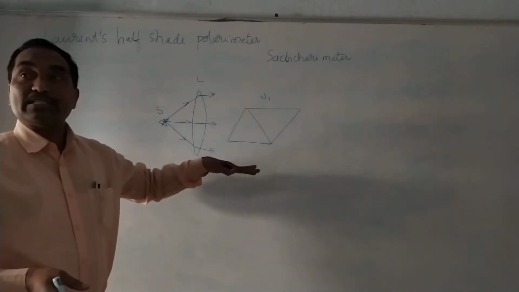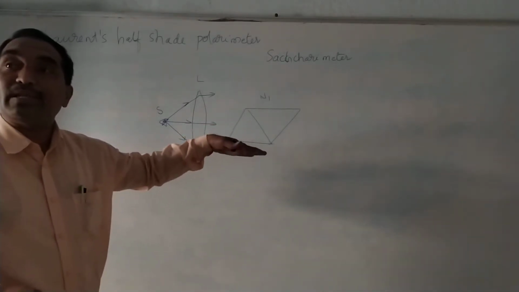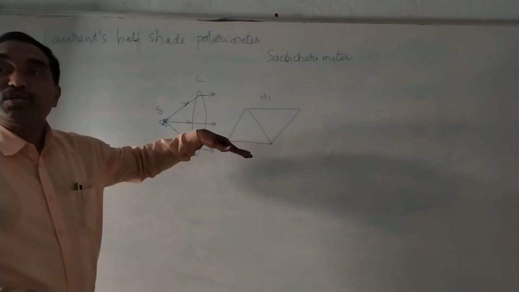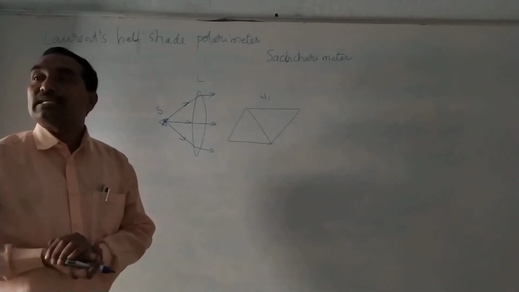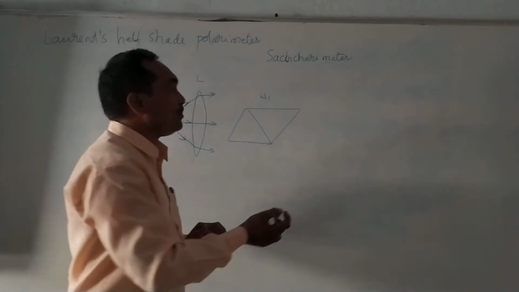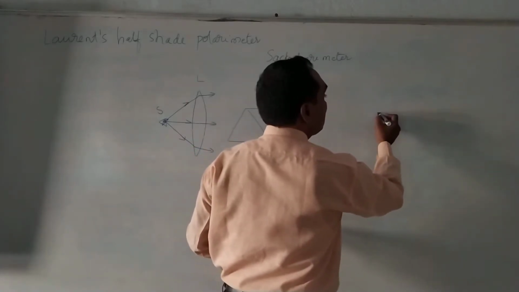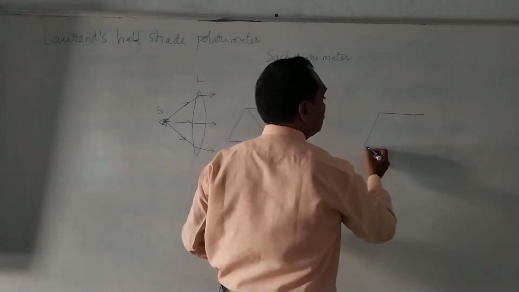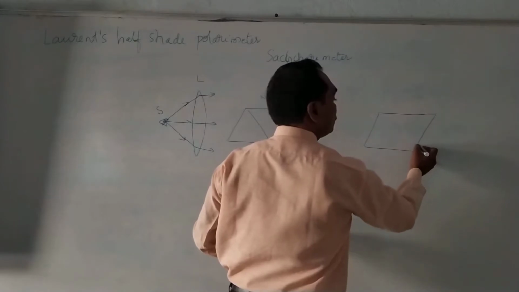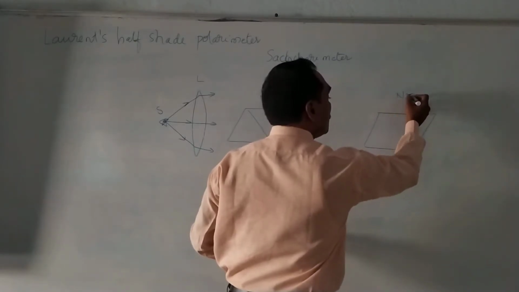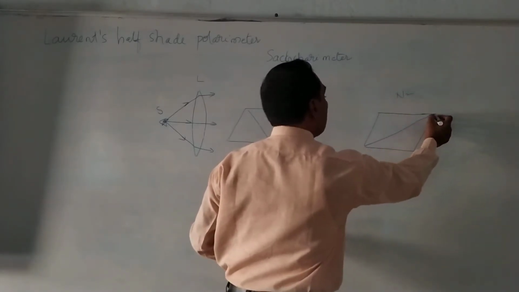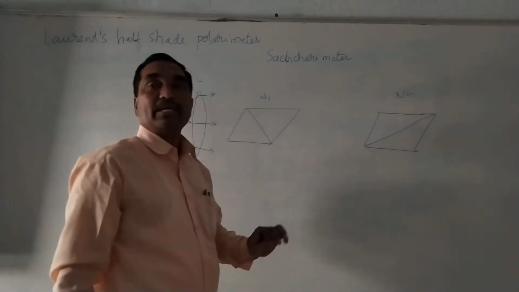To detect whether it is plane polarized light or not, we use one more Nicol prism, which is called the analyzer. This is Nicol prism N2, whose optic axis is placed normal to the optic axis of N1.